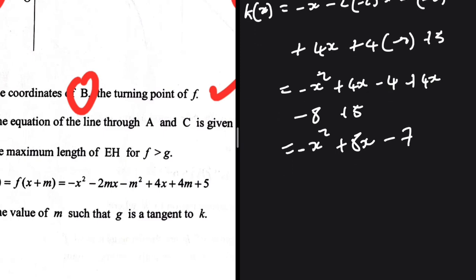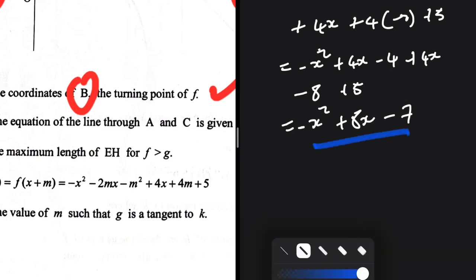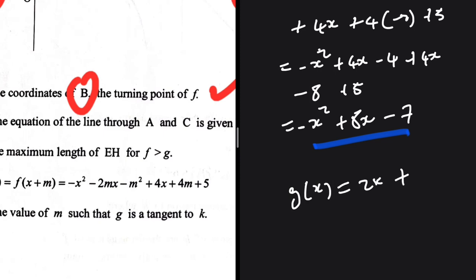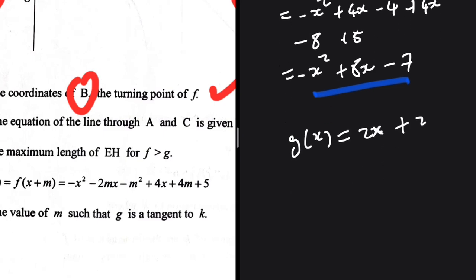So this is k of x, and then g of x is equals to 2x plus 2. Okay, so these two things, they must touch once. So how can we prove that they actually touch once? Let's equate them and see if we get one solution.